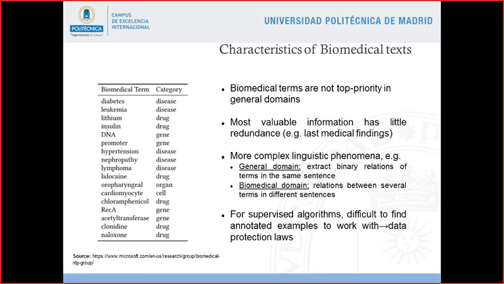We have more complex linguistic phenomena. For example, in the general domain, we can extract a binary relation between a person, an organization, etc., usually, okay? And the terms usually are in the same sentence. But in the biomedical domain, we have relations between several terms.